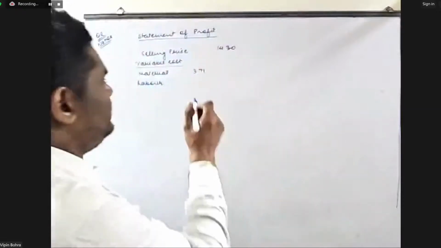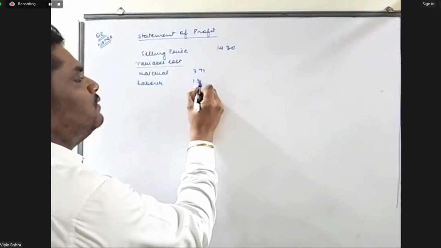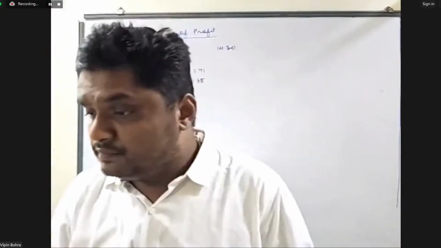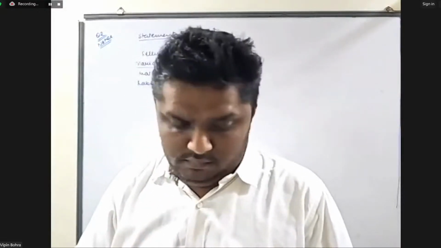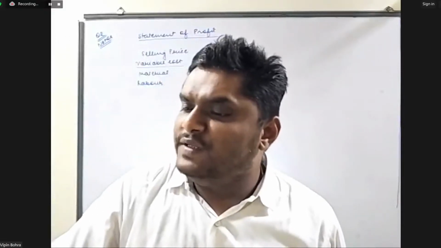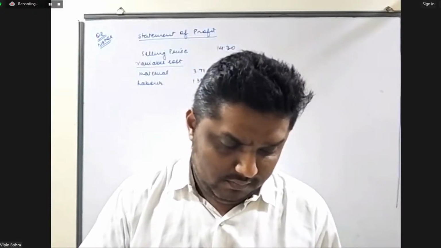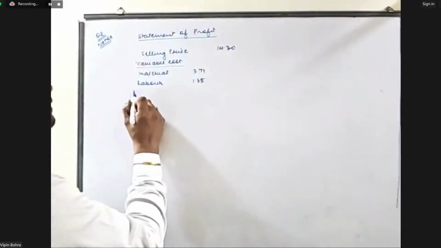This will be 1.35. Further, the work overheads are given, that is 6.25, of this 50% is fixed. So 3.125 is variable.